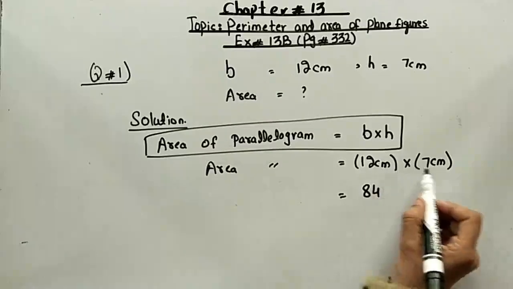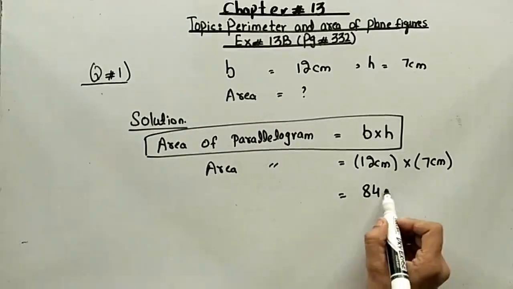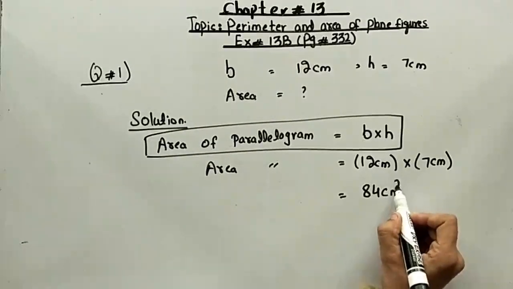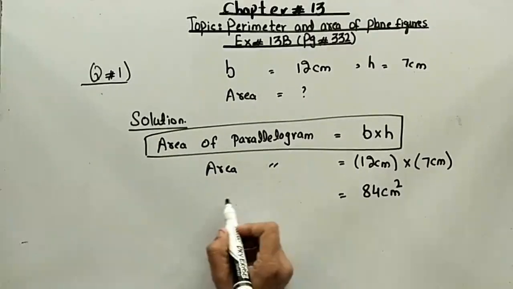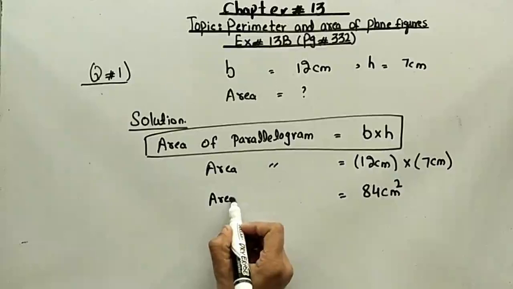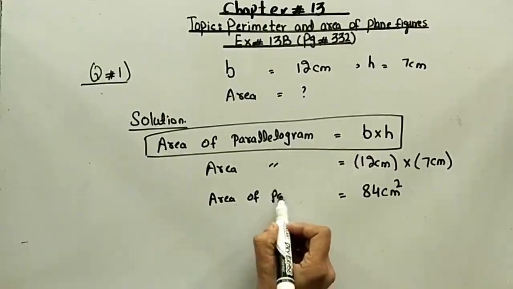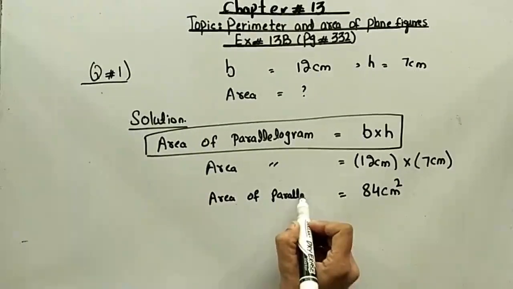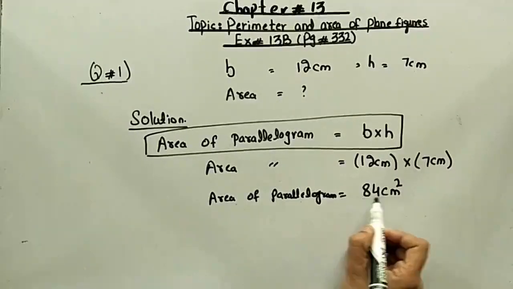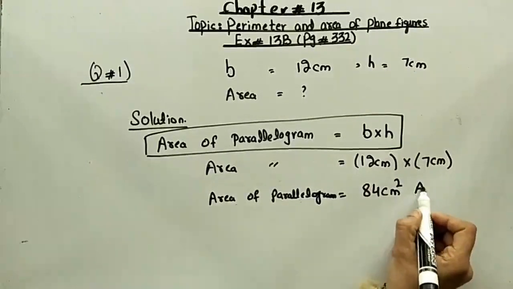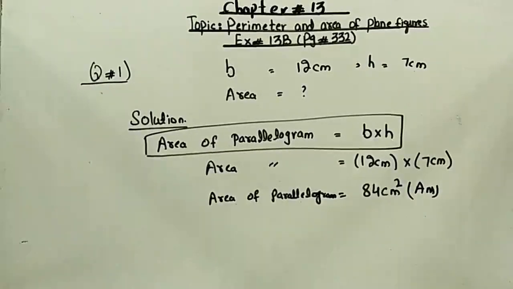And then centimeter and centimeter are same, so what will be the power? 2. 84 centimeter square. Area of parallelogram is equal to 84 centimeter square, and this is your final answer. You will write in table.